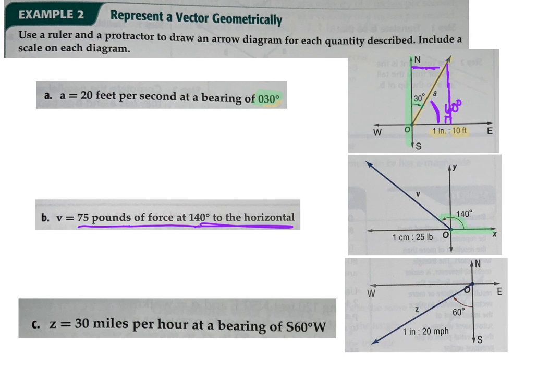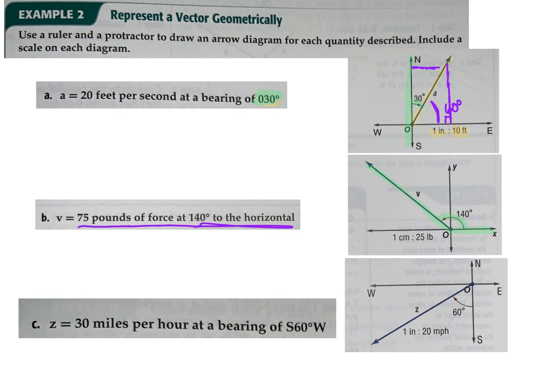The 75 pounds of force is telling you the length. The 140 degrees to horizontal is telling you how you got that angle and that movement. Okay. Let's look at the next one.